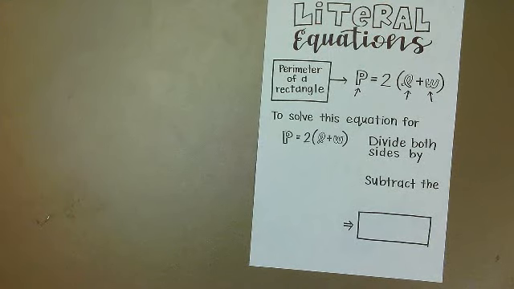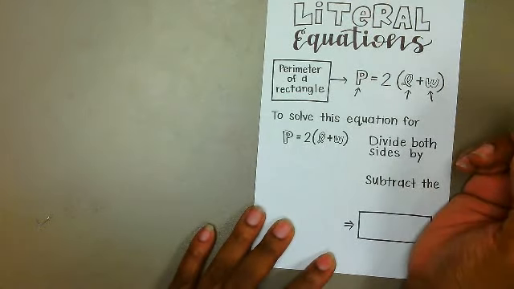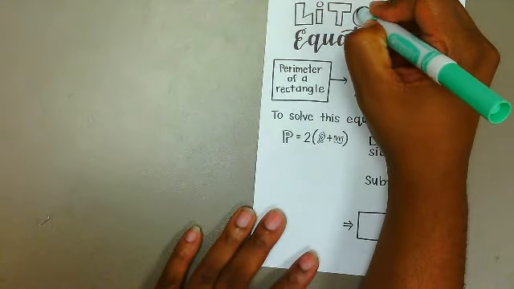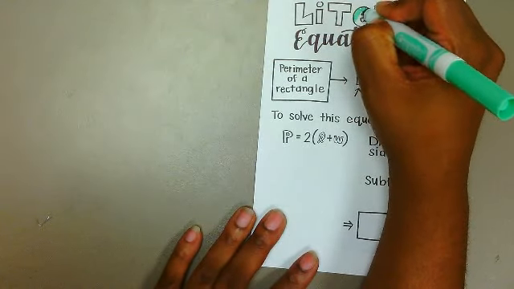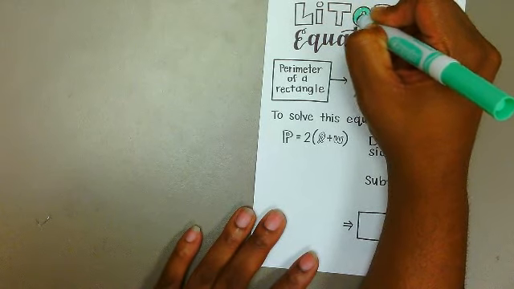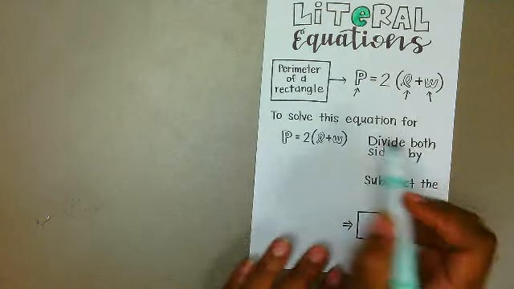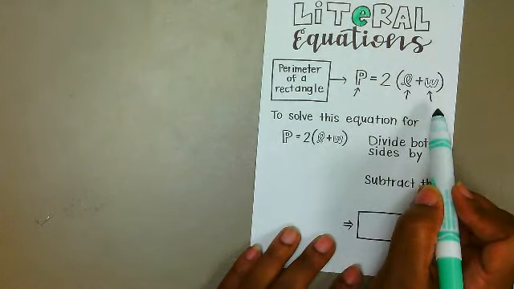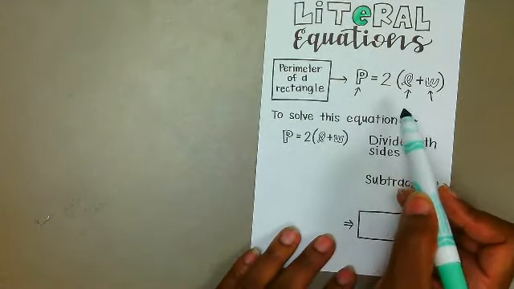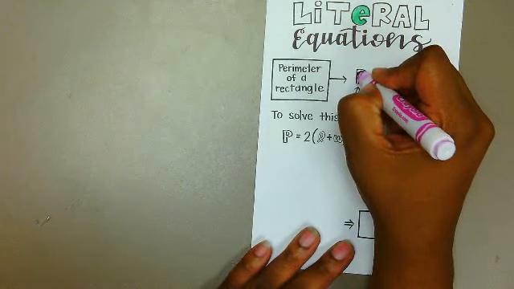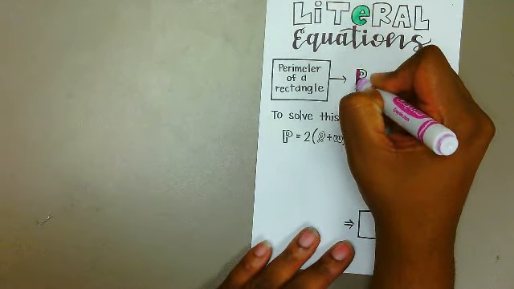So if I'm looking at literal equations, I am making sure that I am solving for the variable that they're asking me for. So in this case, they're giving us the formula for the perimeter of a rectangle. We know that the perimeter is going to be equal to, so this represents perimeter.